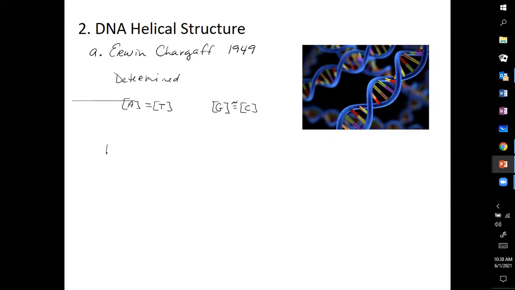In another set of experiments, Rosalind Franklin, who was a student in the lab of Morris Wilkins, determined in 1953 the X-ray crystal structure of DNA. She isolated DNA and locked it into place, and she determined the X-ray crystal structure.